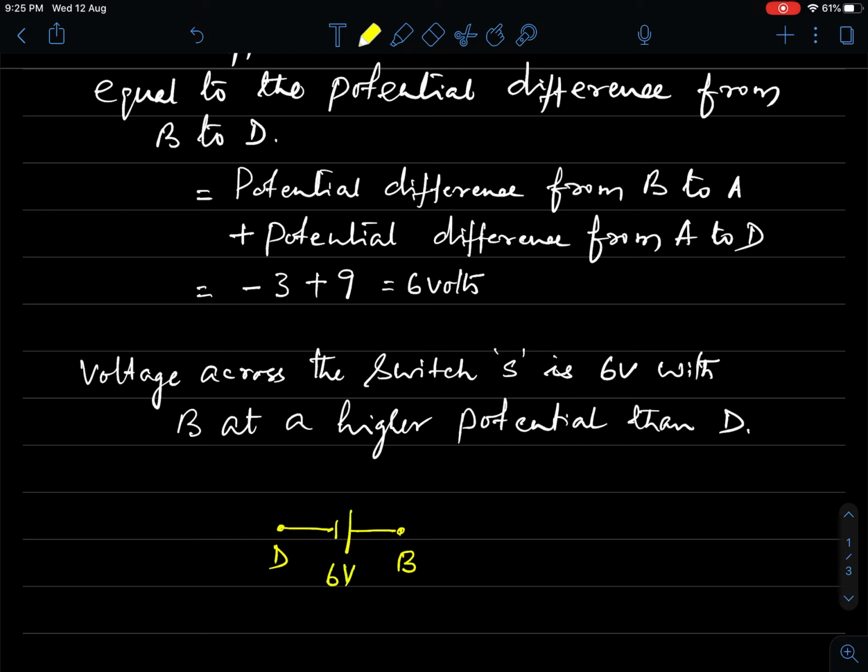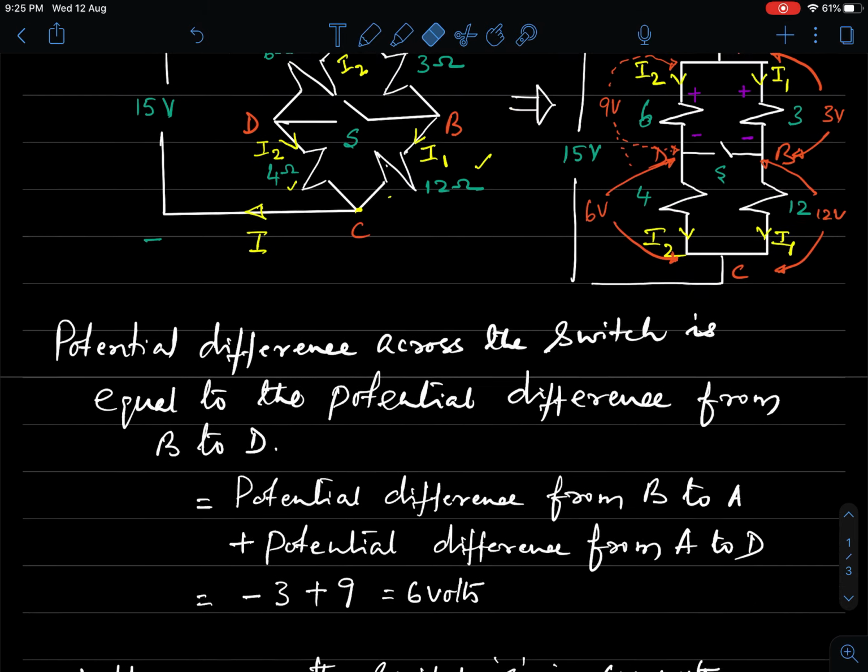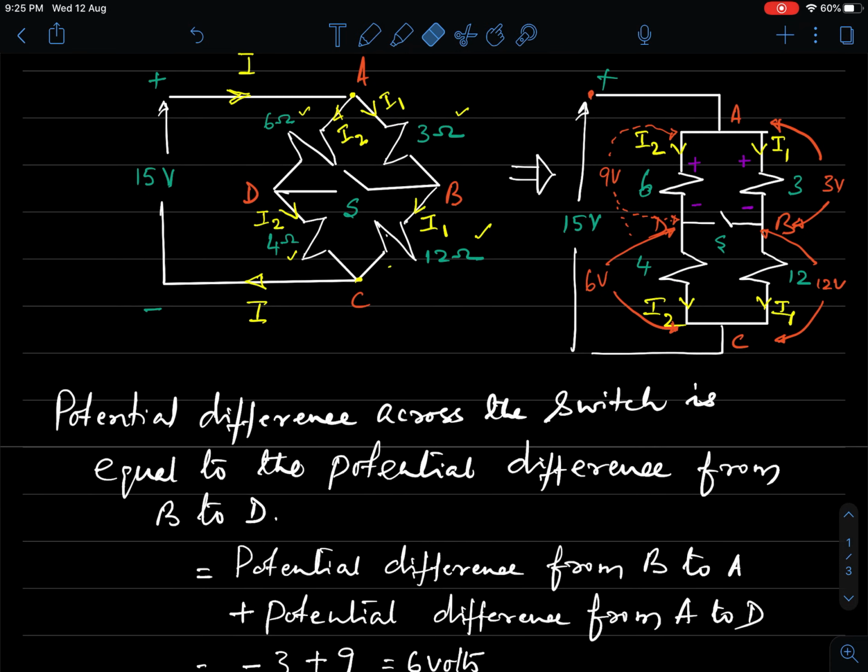This would be 6 volts. Or even if I don't want to write this, I can put it this way. This is positive, this is negative. This is how a potential difference of 6 volts would appear across a switch. I think it is understood. It is simple. There is nothing complicated about it.